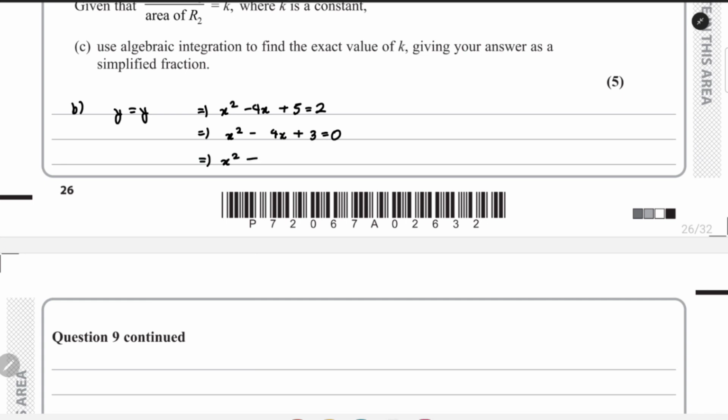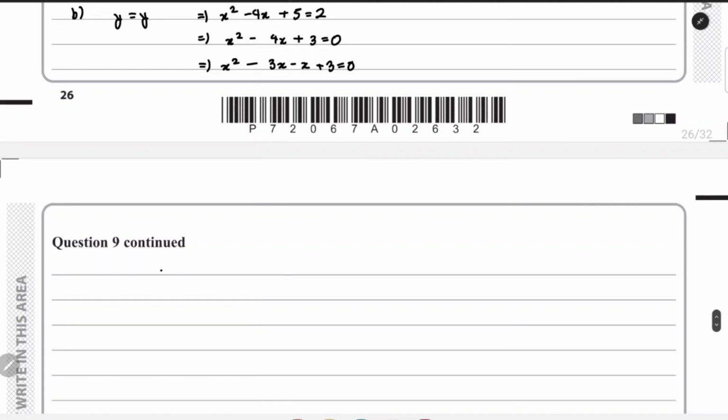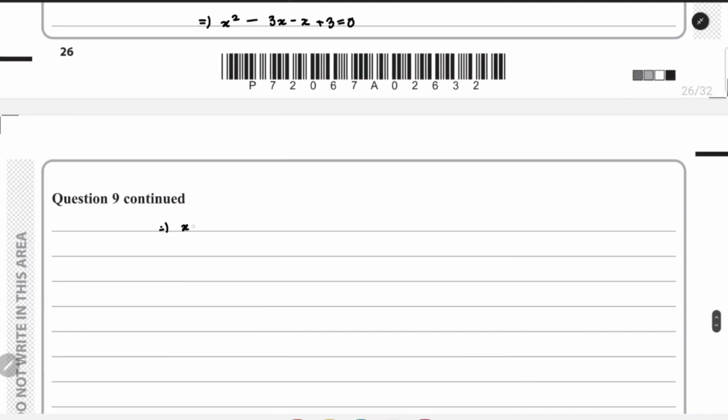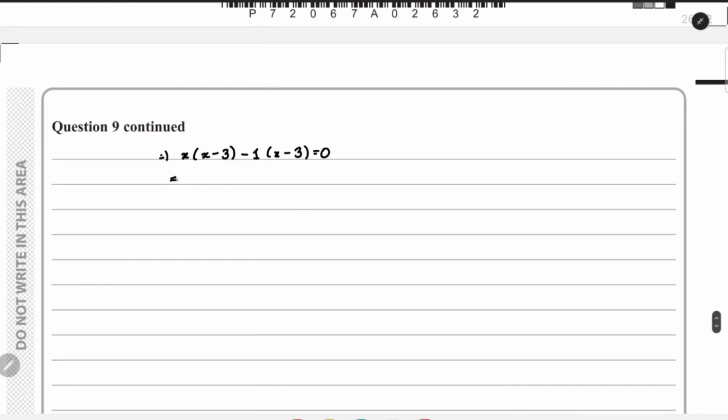x squared minus 3x minus x plus 3 equals 0. We can take x common, x minus 3, and we can take minus 1 common, we get x minus 3 again. So we get (x minus 3) times (x minus 1) equals 0.